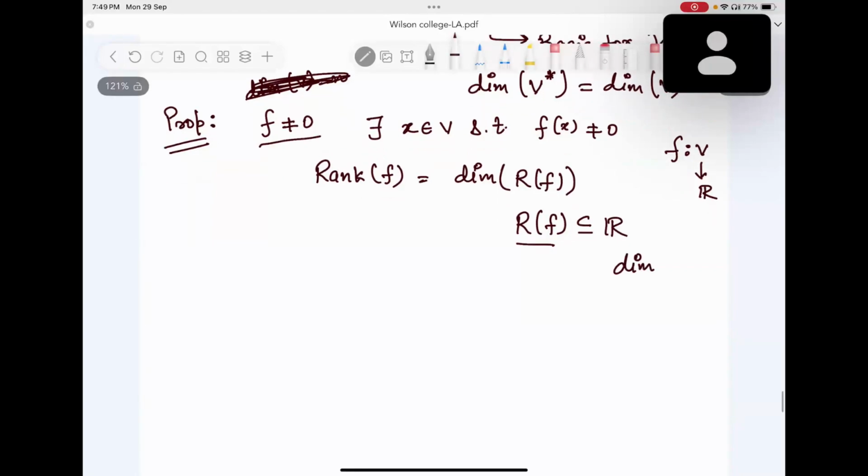The dimension of R is 1. So the dimension of this range space can be either 0 or 1, because the dimension of the bigger space is 1.